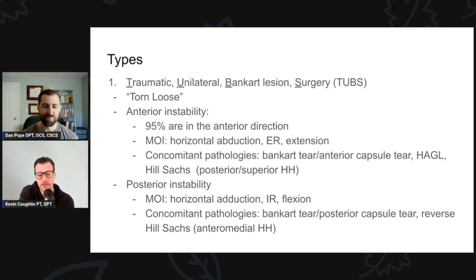And we can get similar issues with that. Again, we can get a Bankart repair, a reverse Bankart, so on the other side, a posterior capsule tear, or a reverse Hill-Sachs. Same type of mechanism where that humeral head dislocates posteriorly, and then on its way back in, the anterior medial part of the humeral head can sustain some bone loss.